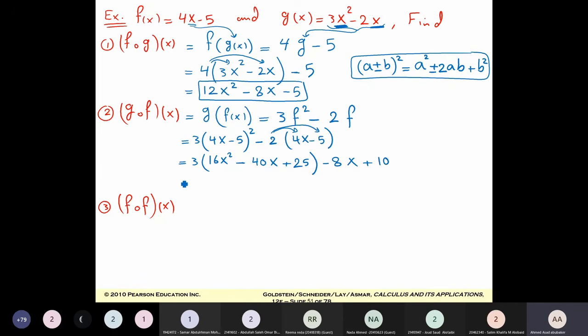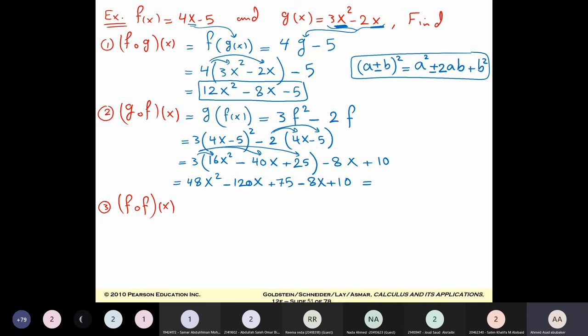Now this equals 3 multiplied by 16, which is 48x squared. 3 multiplied by 40 equals 120x, and 3 multiplied by 25 equals 75, minus 8x plus 10.